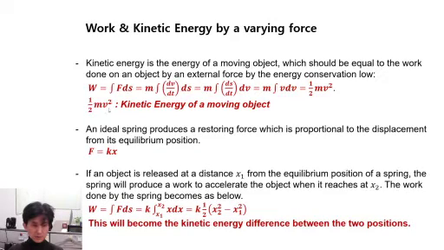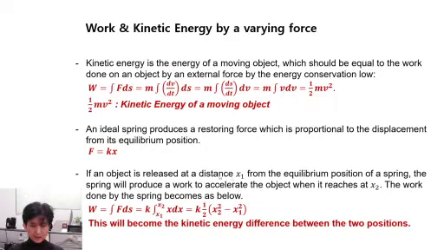So 1 over 2 mv squared is still the same, even for a varying force. So that's the reason why it is called the kinetic energy of an object, regardless of varying force or constant force.